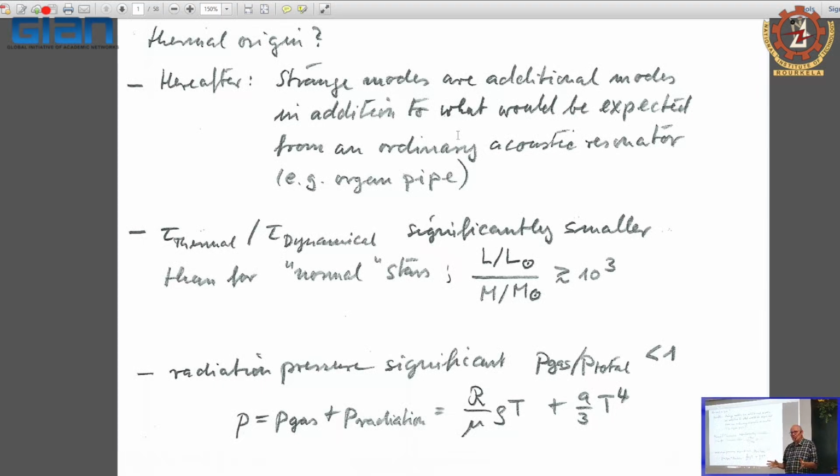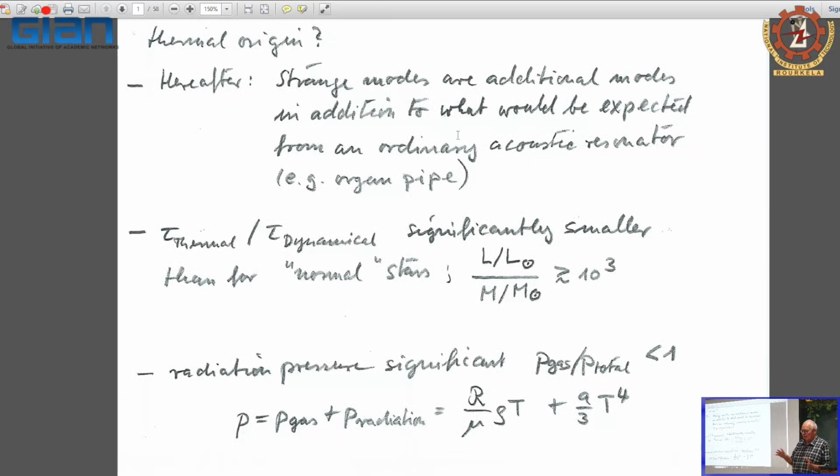That means, concerning the comparison of the adiabatic approximation and the full problem, for these stars we expect significant deviations once we compare an adiabatic analysis with the full non-adiabatic analysis, because these stars seem to deviate from adiabatic behavior, because the domain where the thermal timescale is small is much bigger.